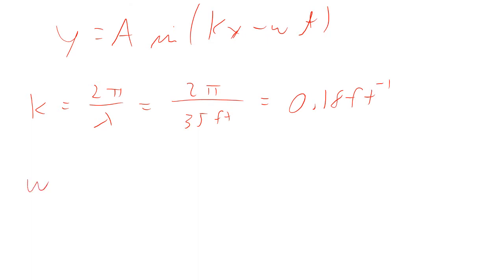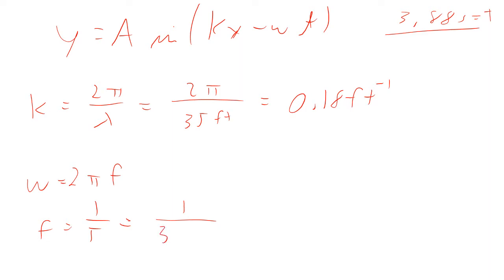Okay, so omega is 2 pi times f. Now f is 1 over the period. I forgot to mention that as you're sitting there, a swell comes by every 3.88 seconds. So that's going to be your period.